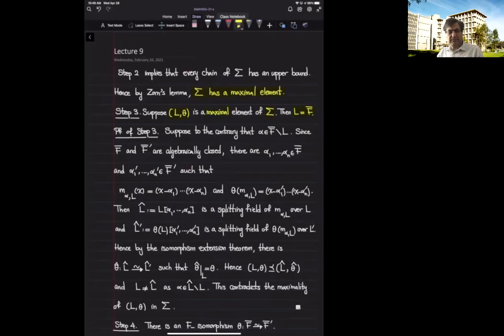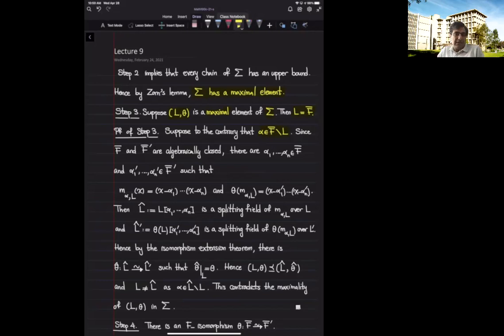So suppose that there is some element alpha inside F bar which is not inside L. So we reach the boundary of this kind of process of extension. We want to add alpha to this. We want to extend this theta to alpha as well and get a contradiction. Make the pair L comma theta even larger and reach a contradiction. This is our goal.